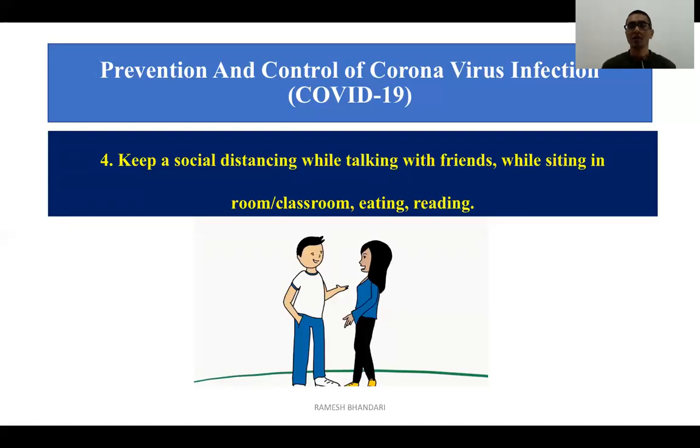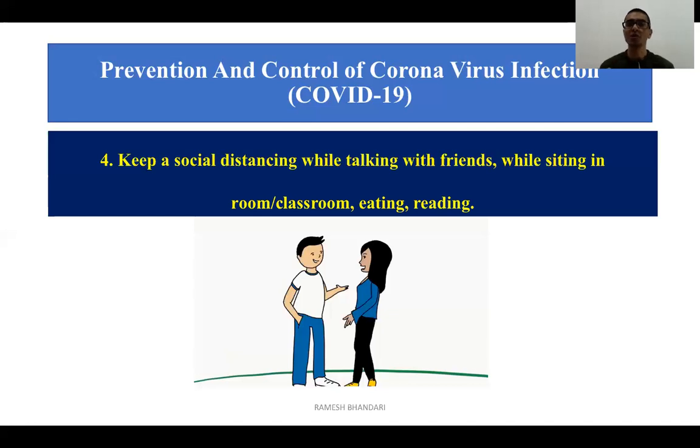So if you maintain a distance of around 1.5 to 2 meters, the respiratory droplets produced by the infected person cannot reach you, so there is less chance of getting infected.